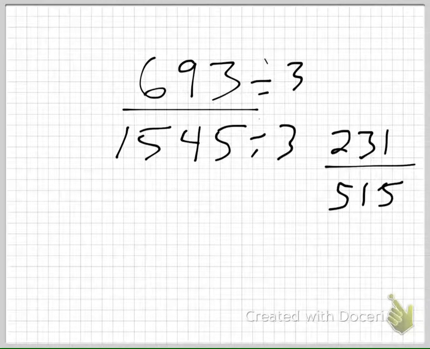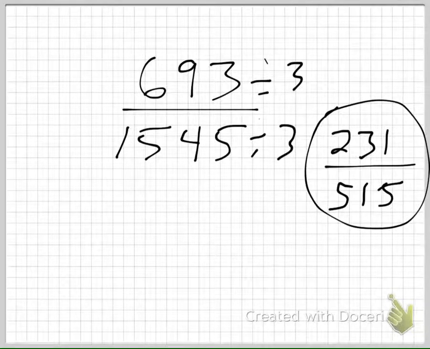Yes, it is. 231 is divisible by 3. But is 515? Nope. So then we're done, right? That's going to be it. That's why you do it, so that you can quickly decide whether or not you need to reduce. Now, you're not doing that today. You're not actually reducing anything today, but this is why we're doing it.